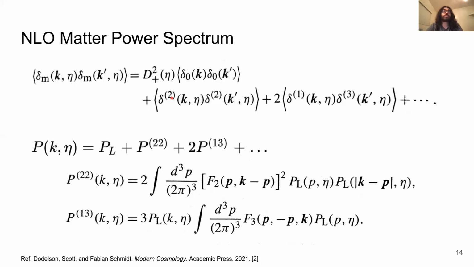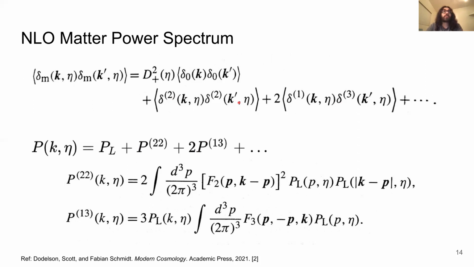And we can rewrite this in terms of the power spectrum here. So this first term is the linear power spectrum, P sub L. And then we have P22 and P13. And those correspond to these terms here. So P22 corresponds to the power spectrum between two second order density corrections. And then P13 is the power spectrum between the linear and third order term.